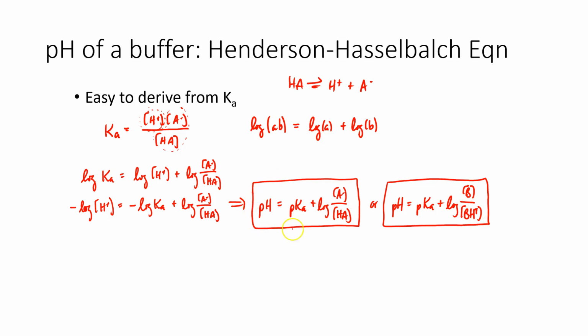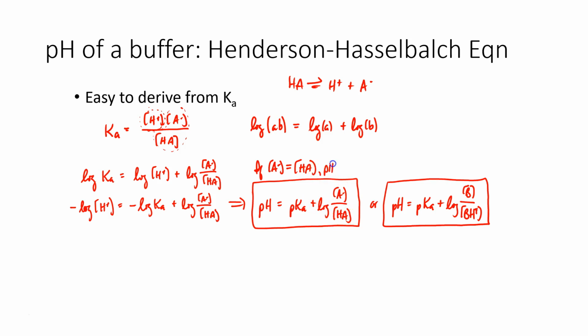Let's look closely at this equation and think about this term in the equation. Let me ask you, what if the concentration of A minus equaled the concentration of HA? That would mean that this ratio equals 1, and the log of 1 is 0.